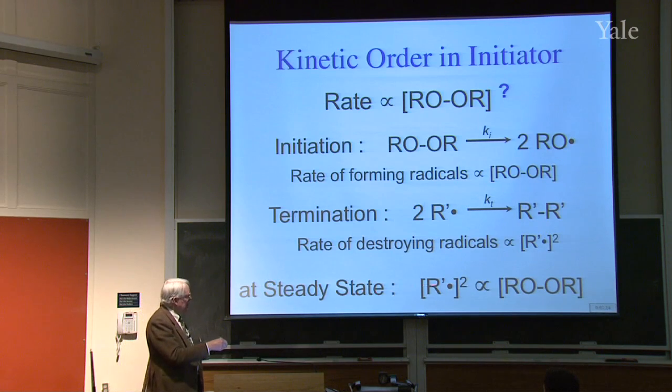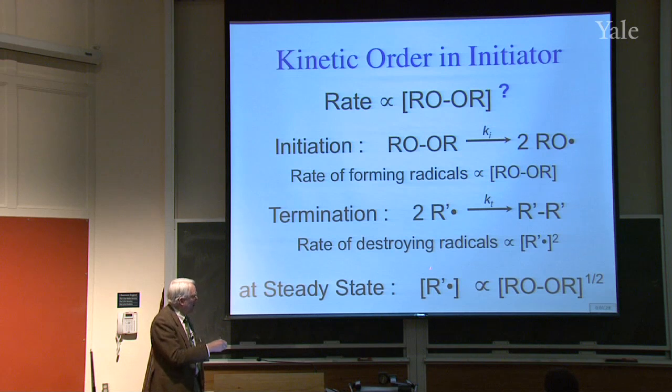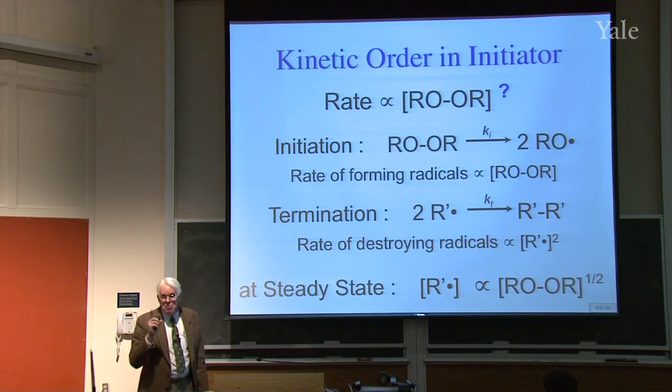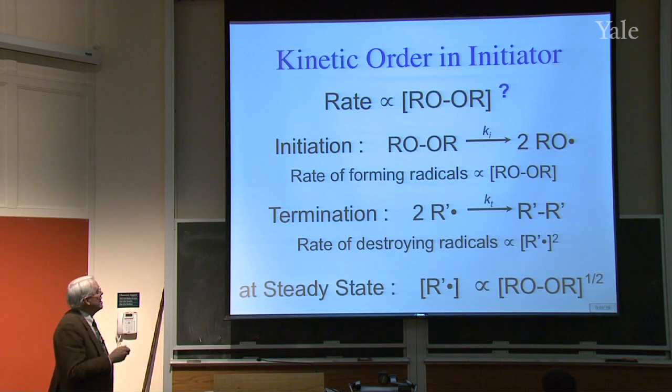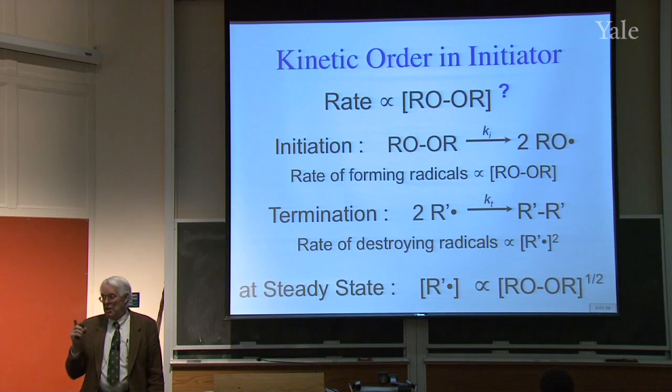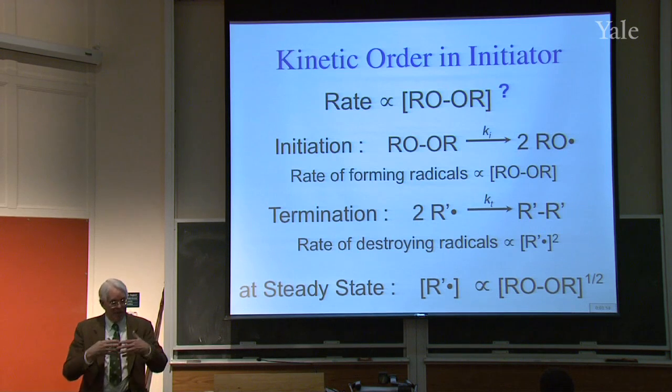So once we get to steady state, then those two will be proportional to one another, or the amount of R dot is proportional to the peroxide to the 1/2 power because of that termination, right? So in fact, if the rate of the reaction is proportional to how many machines you have, to the R dot, it is proportional to the square root of the amount of initiator there, because the destruction is second order.